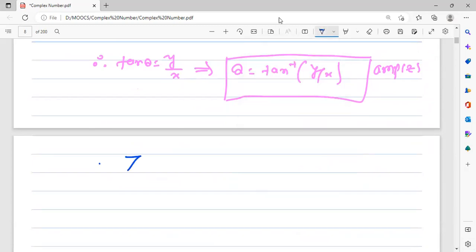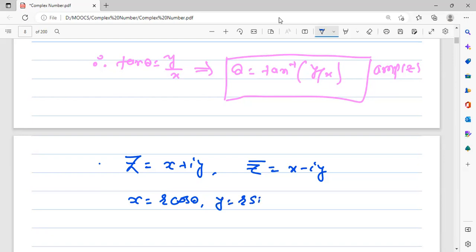Here we learn that for any complex number x plus iy, you can write its conjugate x minus iy, and x equal to r cos theta, y equal to r sin theta.